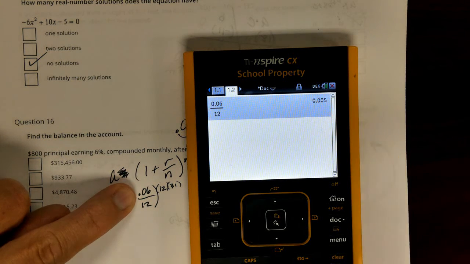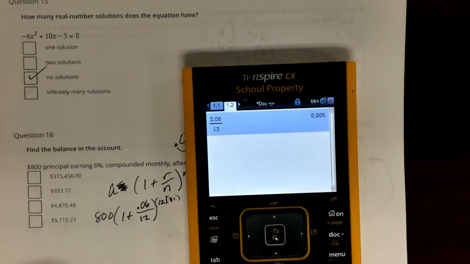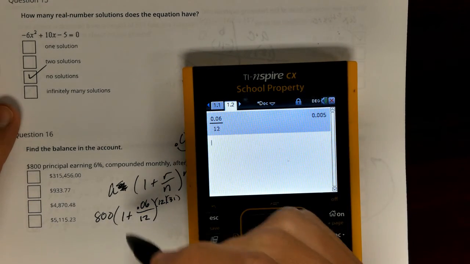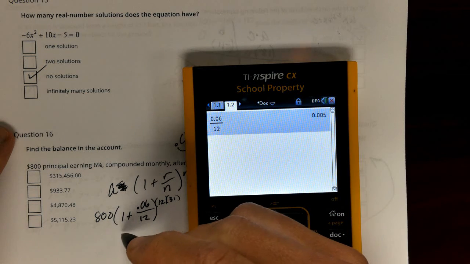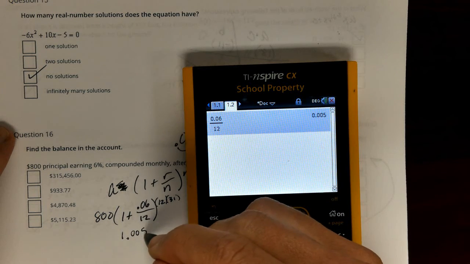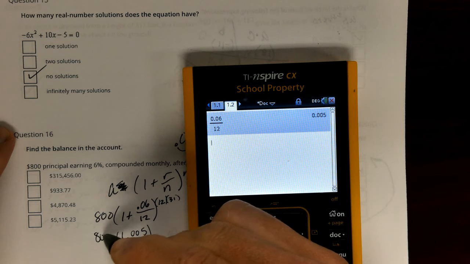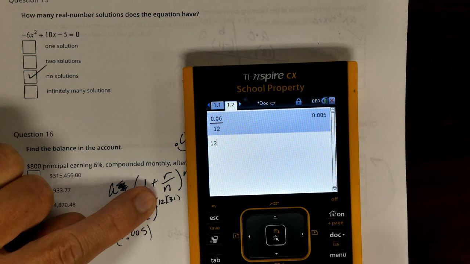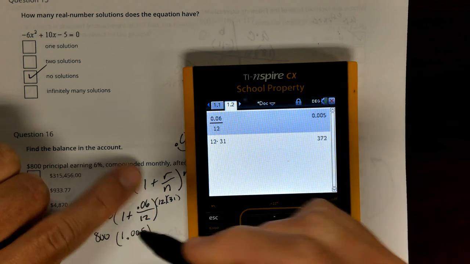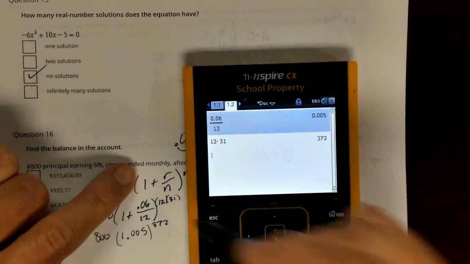Alright, so right there, I've got 0.005. So 1 plus 0.005 is 1.005. So you've got 800 times 1.005 raised to, and now we're going to do 12 times 31. So it's raised to the 372nd power.